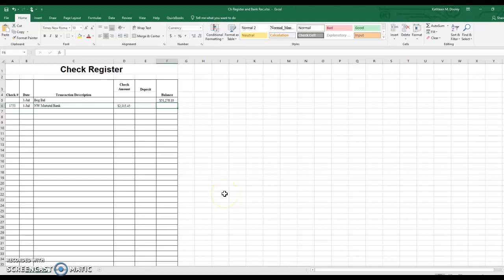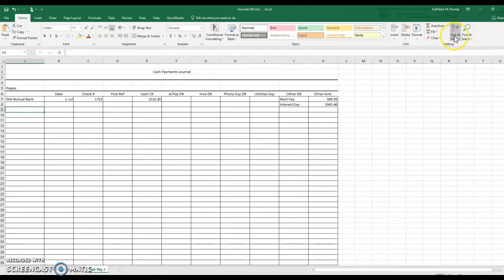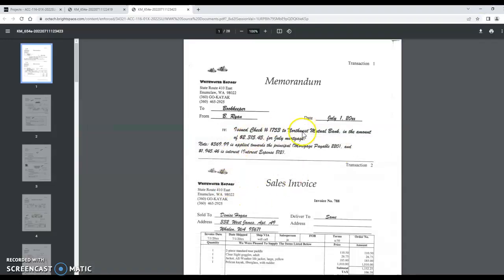Okay, so now I'm going to take my 51,278.10, subtract the 23,15.45. It's 48,962 and 65 cents. All right, so we are now done with that, and we have nothing separate to post.